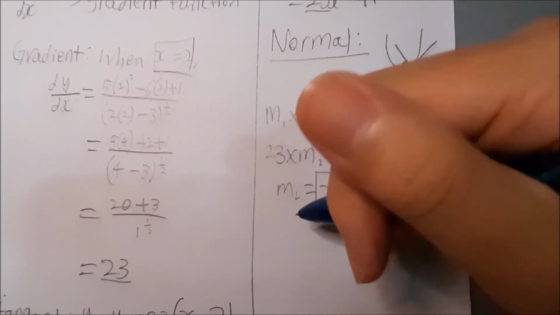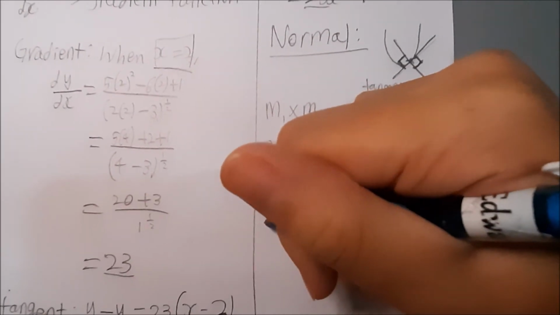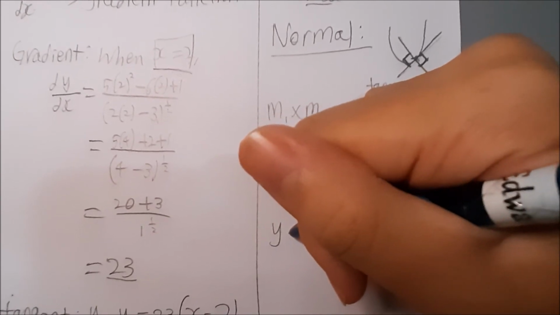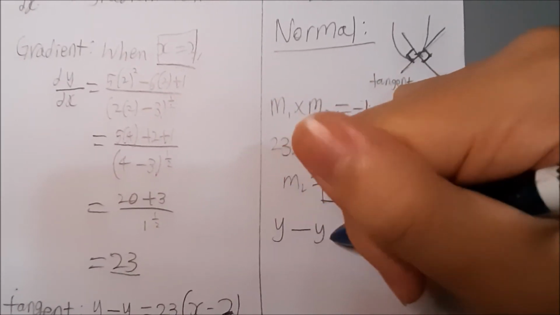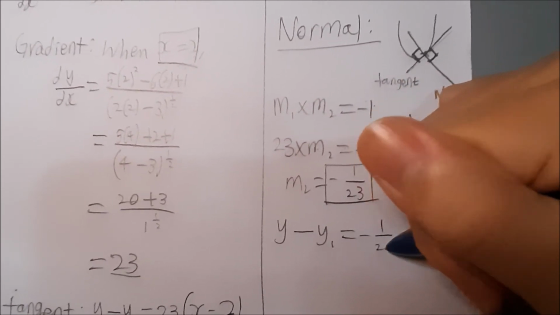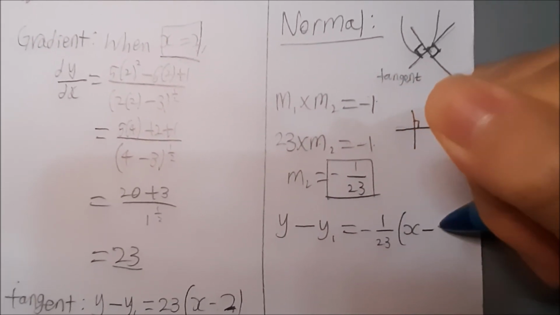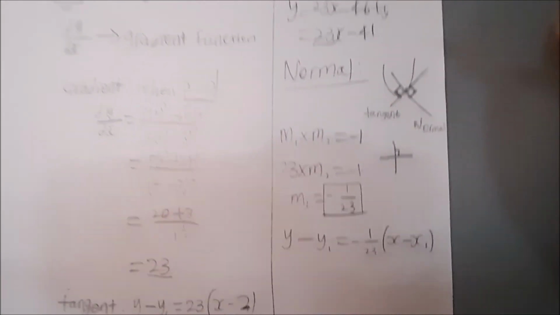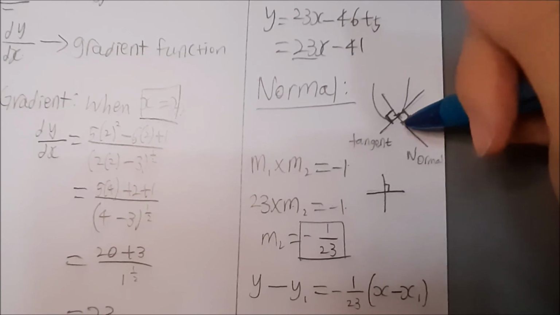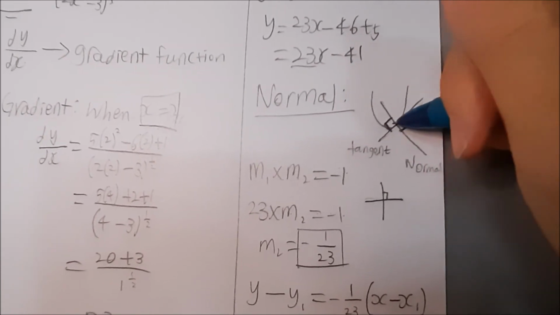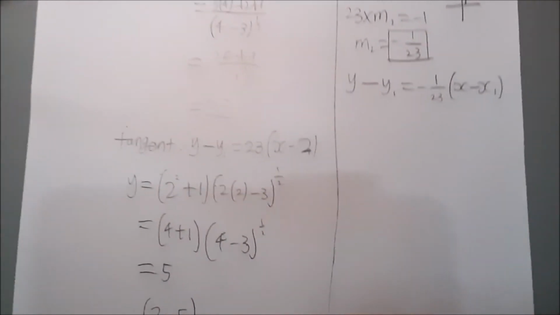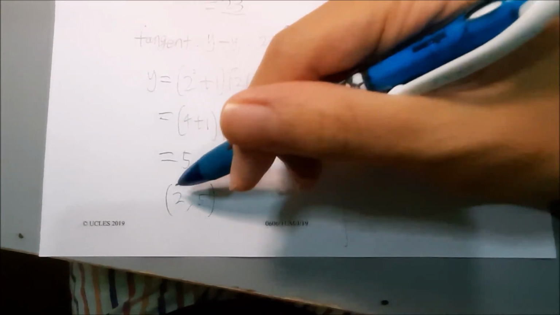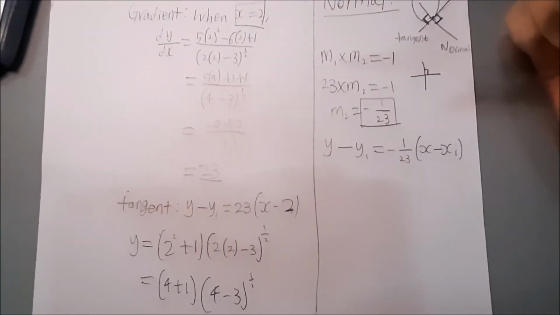So now finally, the equation of the normal will be similar to the tangent. So it will be y minus y1 equals -1/23 times (x minus x1). And now, as I just told you, the normal and the tangent will cross the curve at the same point. So since the tangent crosses the curve at the coordinates (2, 5), the normal will do the same.